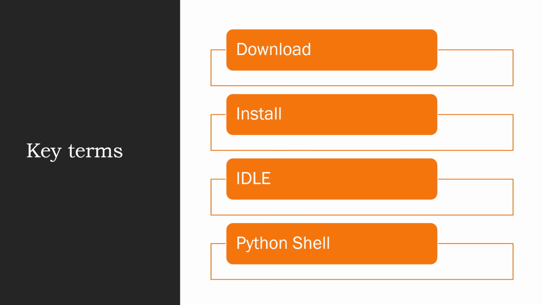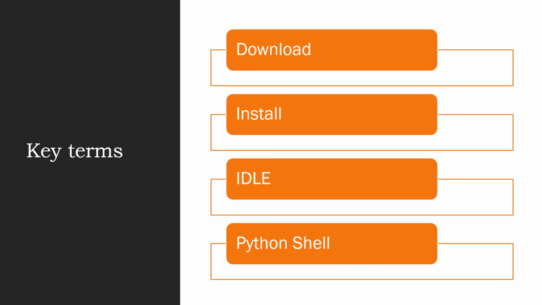Let's quickly review some key terms that we've used in this lesson. To download is to copy files from a website or other internet resource onto your own computer. To install software is to get it ready to run on your computer.